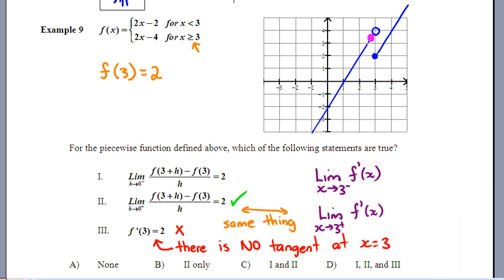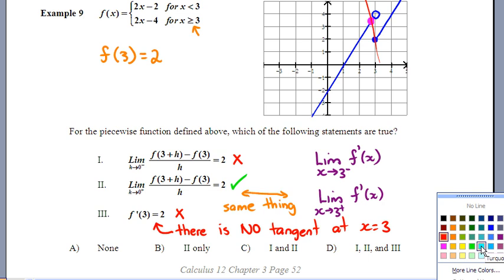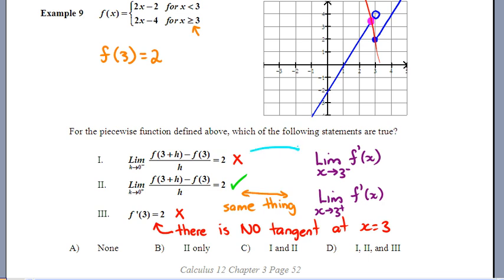And as you bring that pink dot closer and closer to x is equal to 3, that red line doesn't settle on any nice slope, and it certainly doesn't settle on 2. So this one is a no, and it's not quite the same thing as what's sitting here. So just be careful, right? They're not really the same.